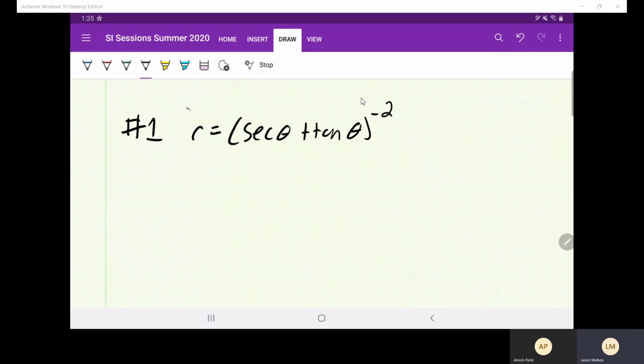So it wants dr d theta, so r prime equals -2 times (secant theta plus tangent theta) to the -3 times the derivative of this. Derivative of secant theta is secant tangent.